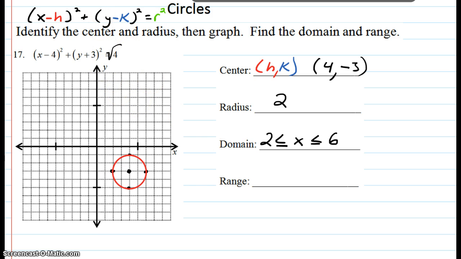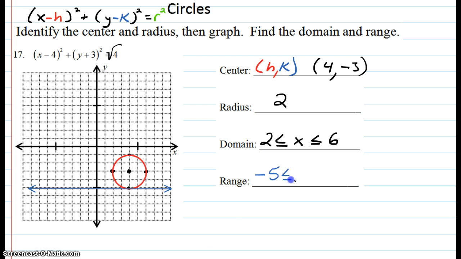Alright, now to do the range, what we do is we just use a horizontal line starting at the bottom. And so now we're looking at where it touches the y-axis. And so as we move up, the first place it touches is at negative 5.